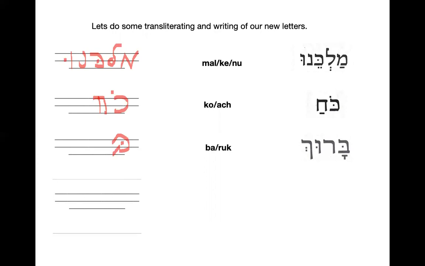Ba, ruk. Kaf sofit. Next word, holeket. Now this one, it's kind of hard to draw sometimes. Holeket. And this one, the little tail, because it's a kaf.